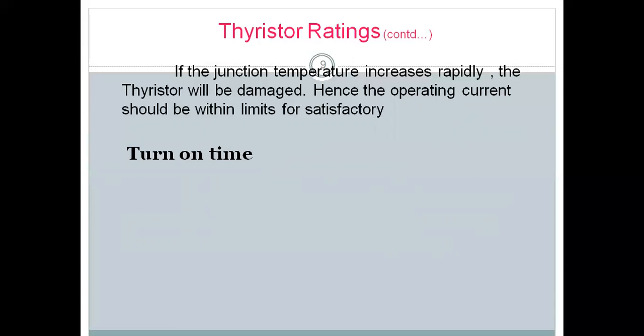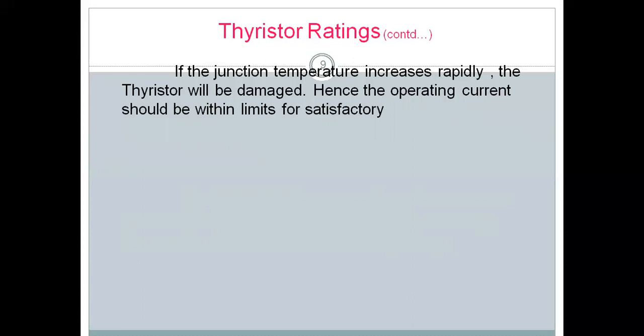Heat is developed and dissipated in the form of power. For satisfactory operation, the thyristor junction temperature under steady state condition should not exceed the safe value, which is around 125 degrees centigrade.